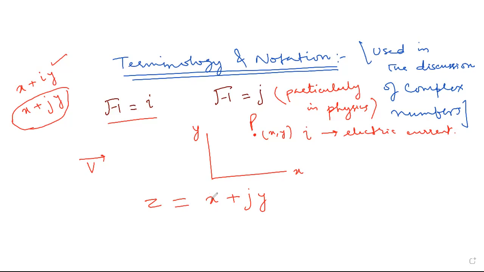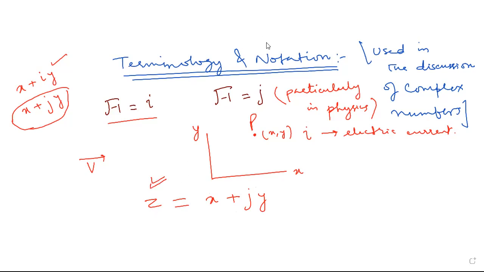So we know it is a pair of real numbers x and y, but we use a single letter z to represent a complex number, right?